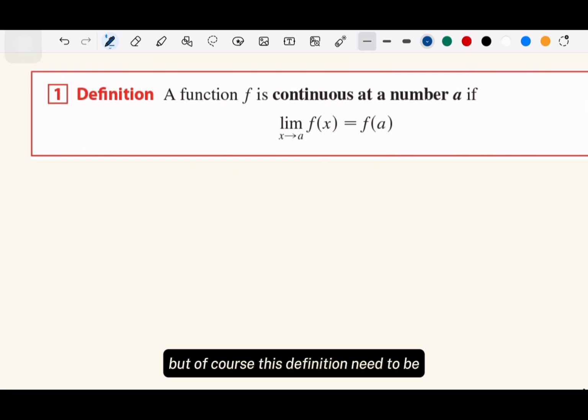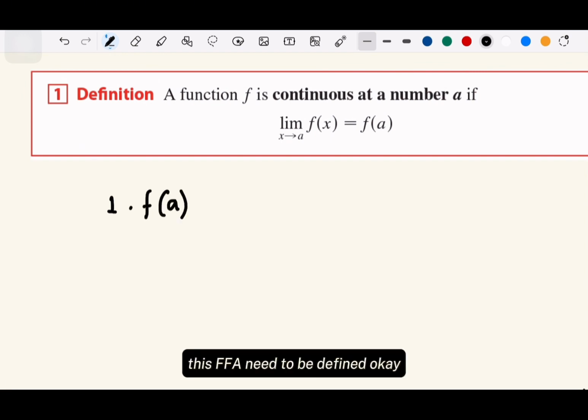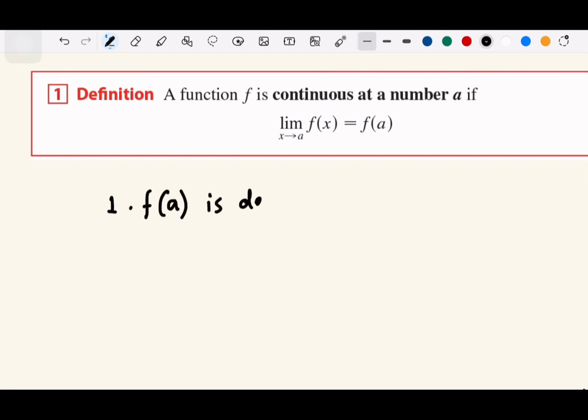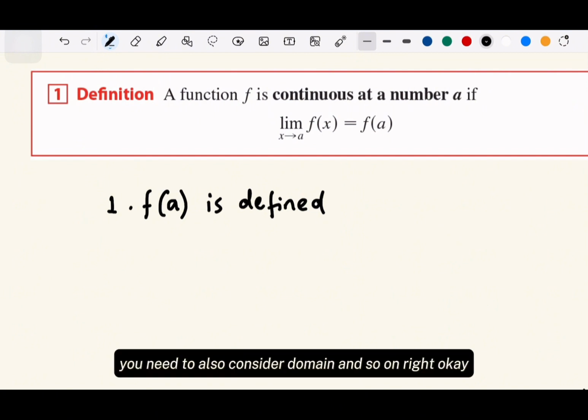But of course, for this definition you need to have some requirements. So the first requirement is that f(a) needs to be defined, which means you also need to consider the domain and so on, right?